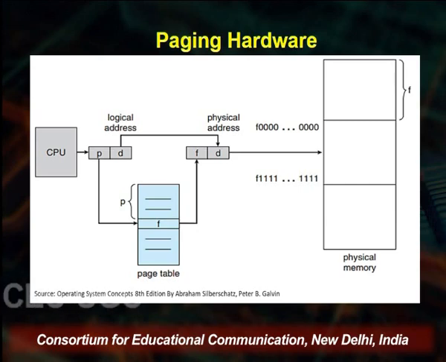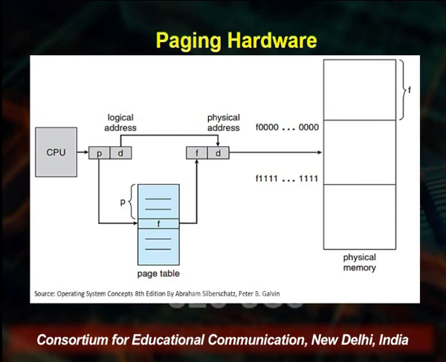Now here we have the page table, so P, which is the index of that particular page into the page table, is being referred to. If you can see with the help of an arrow, the page table is being consulted, and then whatever frame address is there, these frames being of actual physical memory.